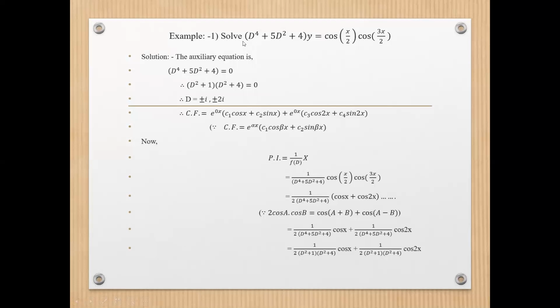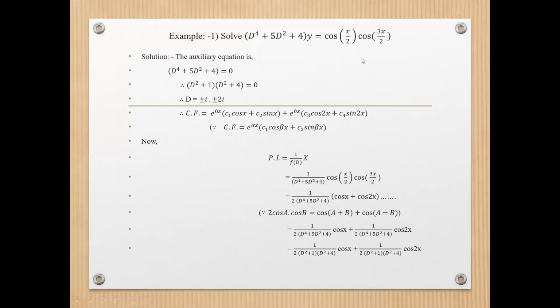Solve: D to the 4 plus 5D square plus 4 y is equal to cos x by 2 into cos 3x by 2. See here, the right hand side of this differential equation is cos x by 2 into cos 3x by 2. One question arises in type second. We have seen the right hand side of the equation is sin x or cos x, but here it is a product, cos into cos.